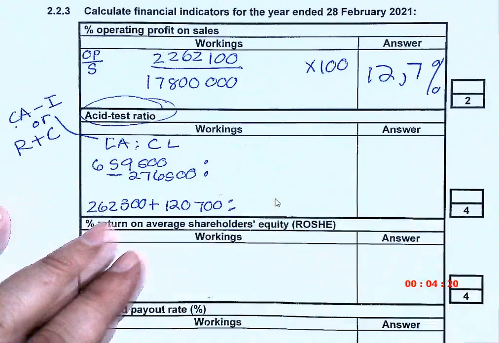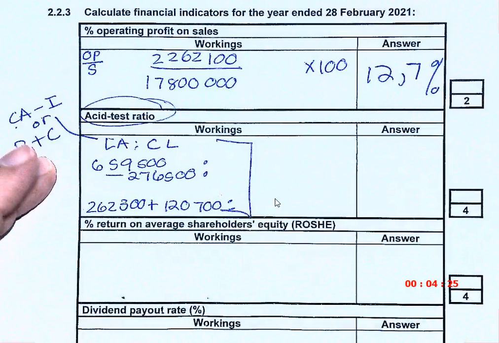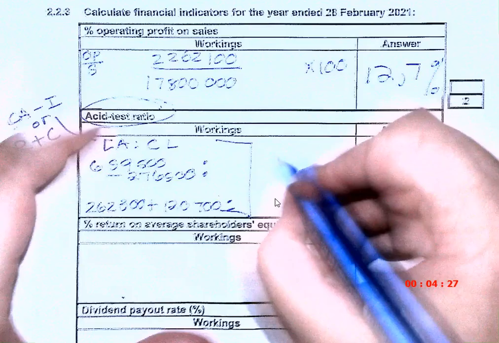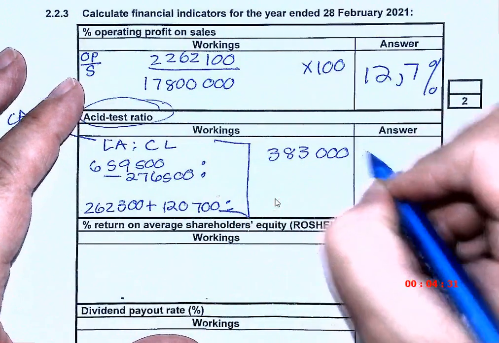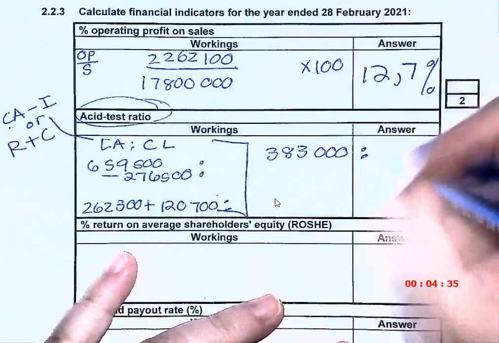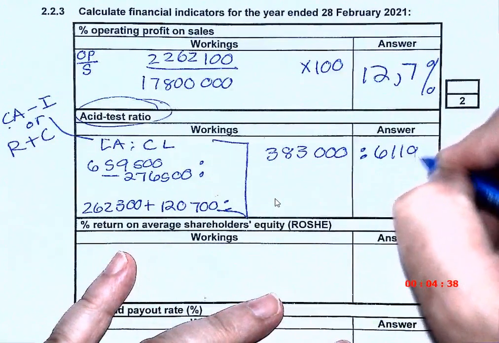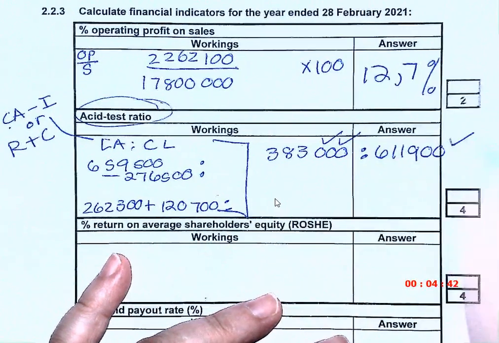Both of them will give you the same answer. And what is that answer? 383,000. Then current liabilities, they give you 611,900. So now what do? So this is 2 ticks, this is 3 ticks.